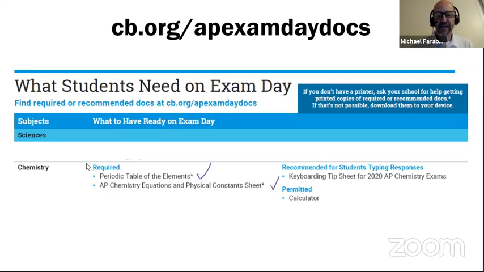There is also a keyboarding tip sheet for typing responses, if you choose to type and you're concerned about things like formulas or showing your work with respect to dimensional analysis. Again, you can go to cb.org/exam, AP exam day docs to get this information.